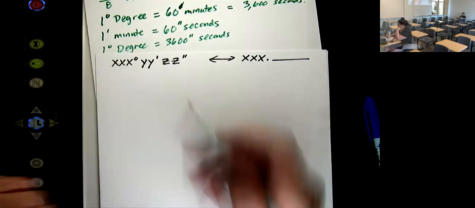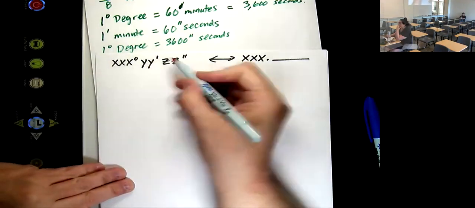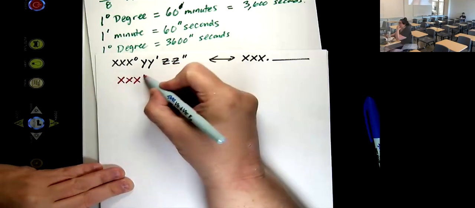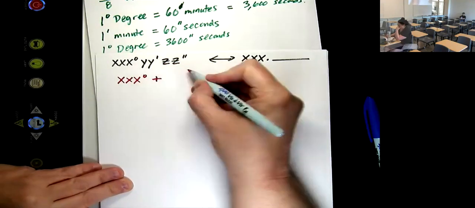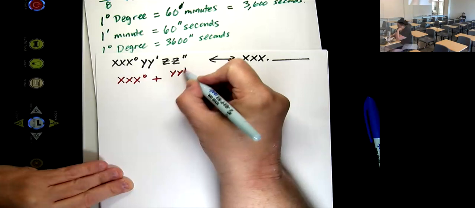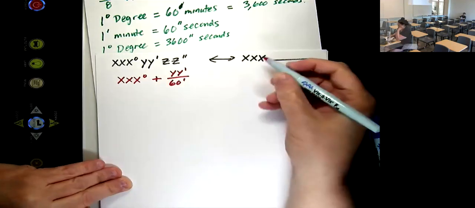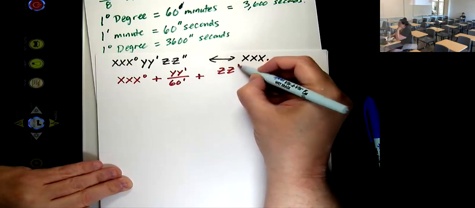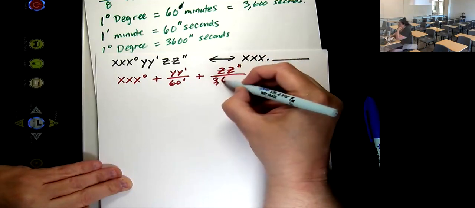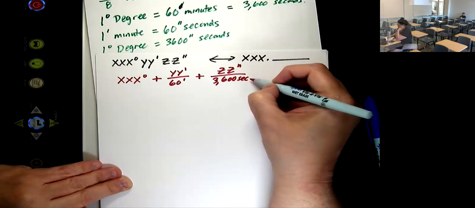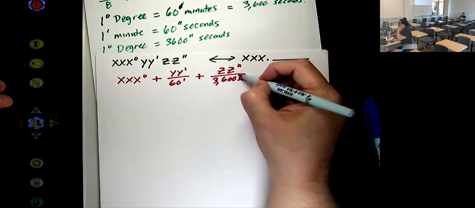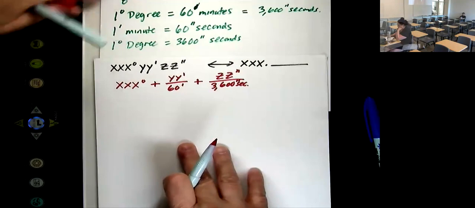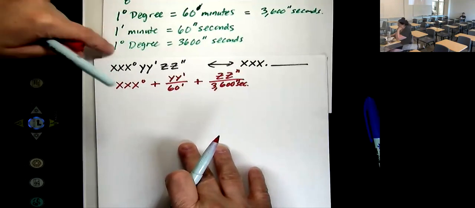Well, to convert that way, we take XXX, the degree part, and we add the YY minutes divided by 60 minutes, and we add the ZZ seconds divided by 3,600 seconds, which comes from these relationships right here.